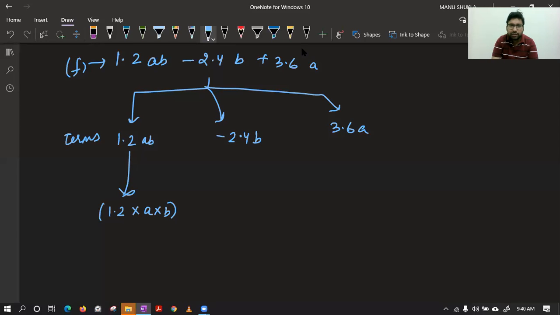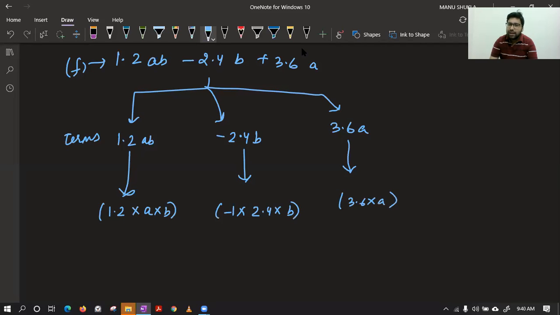Okay. Similarly, we can say this minus 2.4b came from minus 1 into 2.4 into b. There can be many ways to write the answer, so don't be confused by that. This can be written as 3.6 into a.